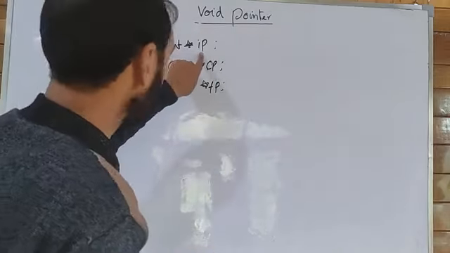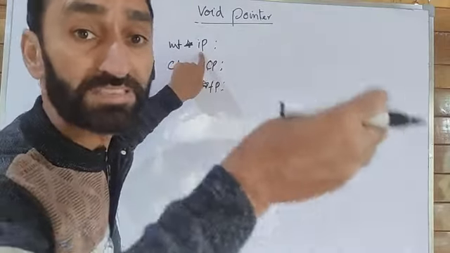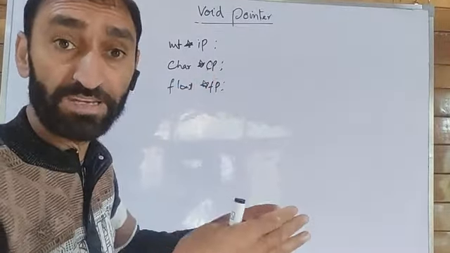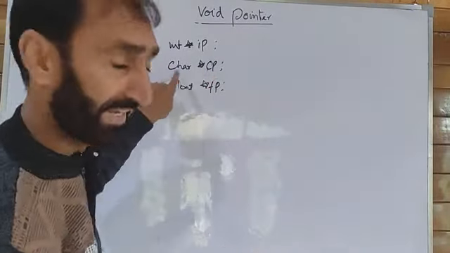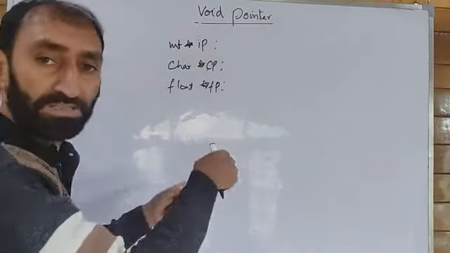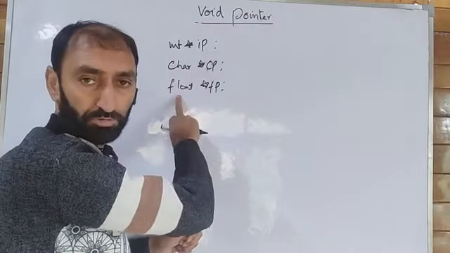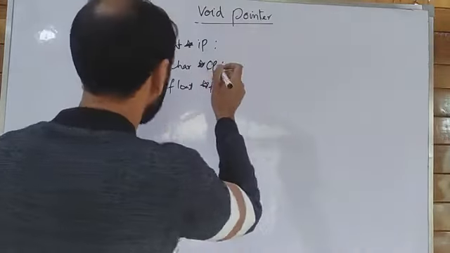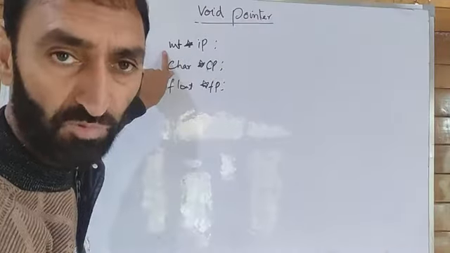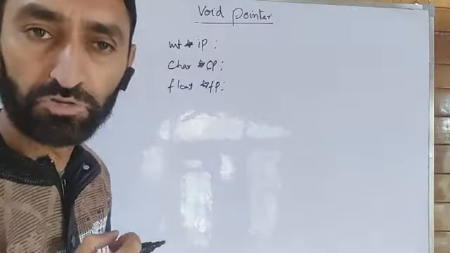So, ip is a pointer that stores the address of the variable whose data type is int. cp is a pointer that stores the address of the variable whose data type is char, and fp is the name of the pointer that stores the address of the variable whose data type is float. That means all these pointers have an associated data type whose address these pointers are going to store.